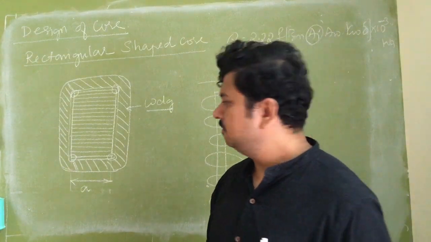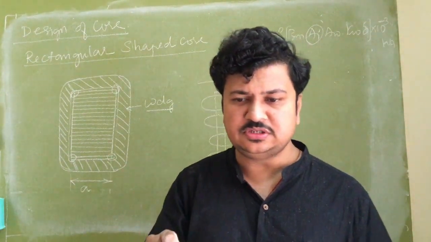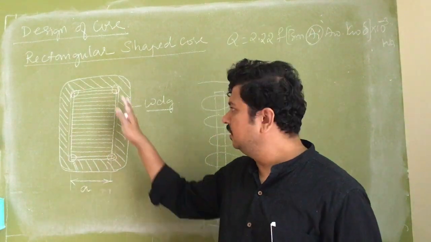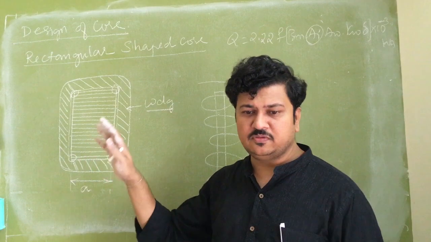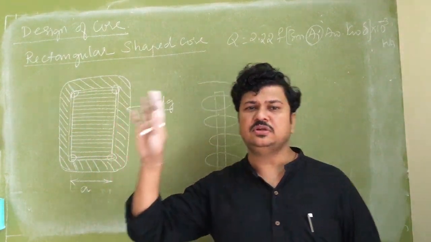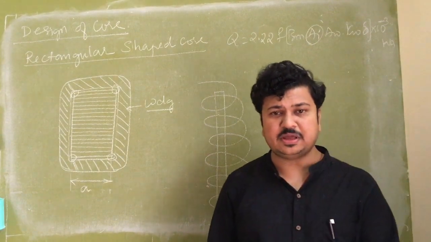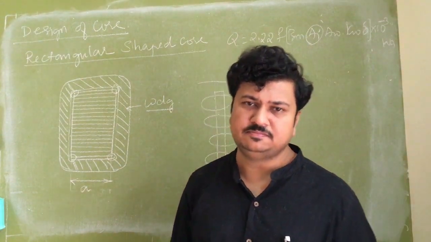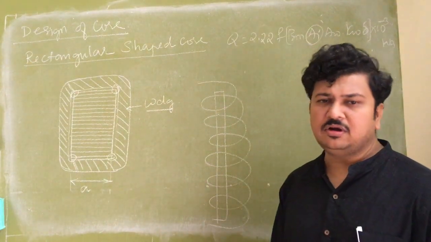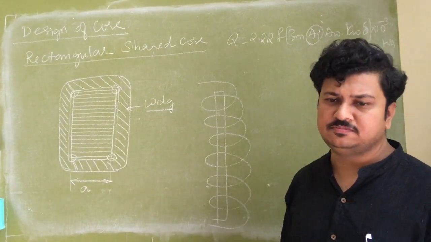Therefore the winding insulation, or the coil insulation, or the conductor insulation is extremely important for me in case of transformer. So if I use the cross section which is rectangular in shape, I face this problem of insulation breakdown. Sometimes the conductor itself may break, that will create an open circuit. So therefore it is not practically feasible for me to go for a rectangular section core.